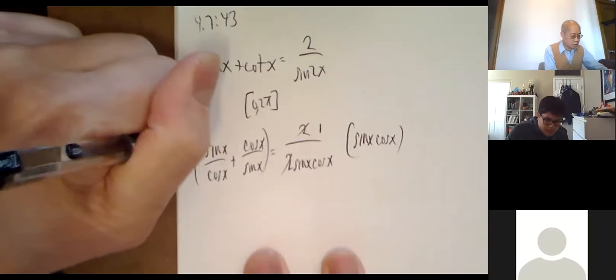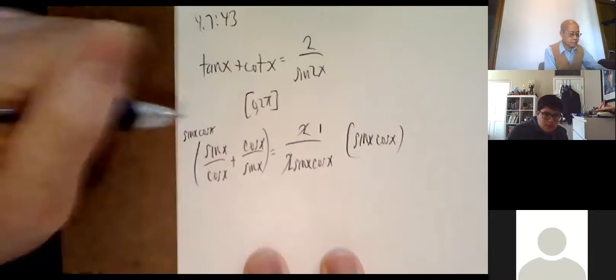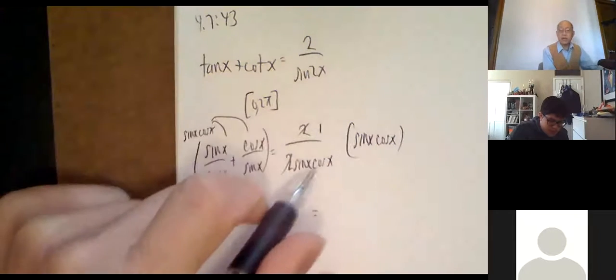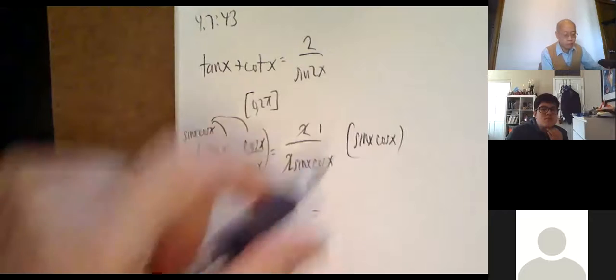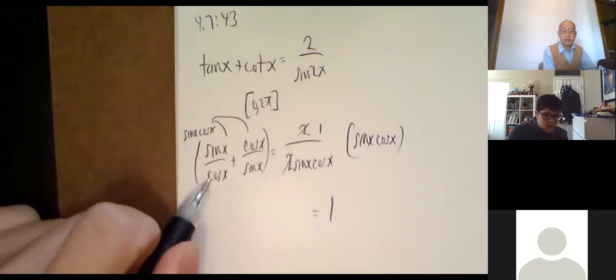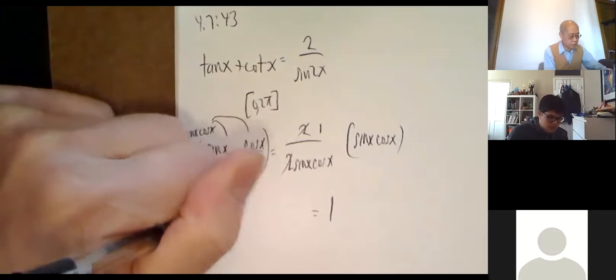Sine x cosine x. Distribute, distribute. So the right-hand side turns out to be just 1. If I multiply this by this, cosine cancels out, so I have sine squared x.